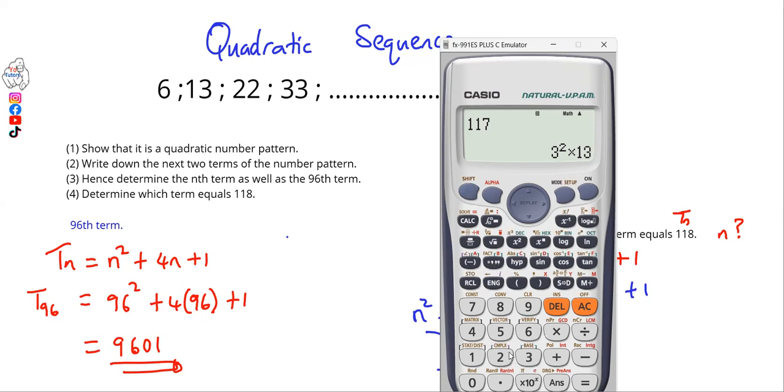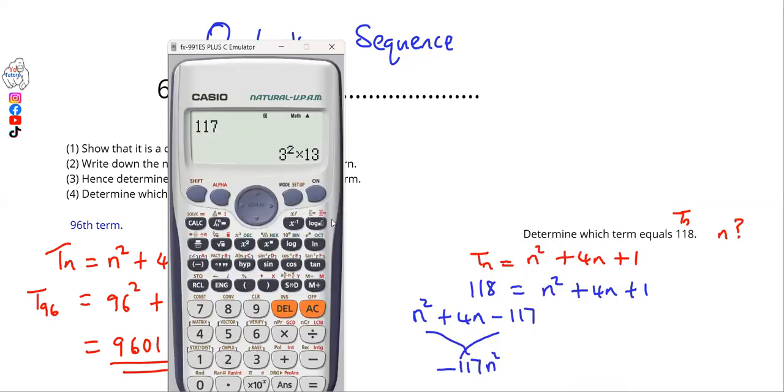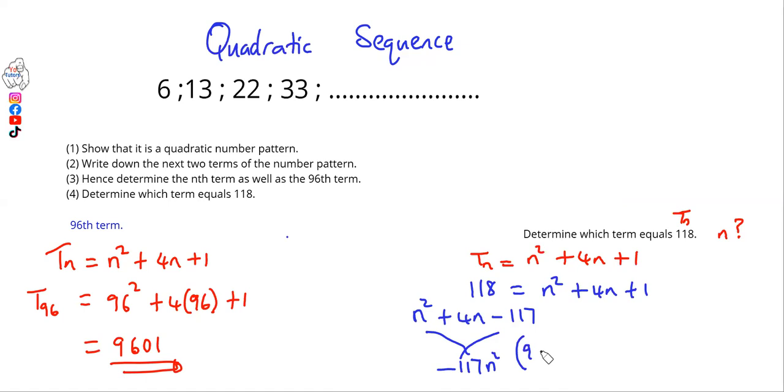We have 3 squared times 13. In this case, 3 squared is 9. So it's actually 9 times 13 that gives us 117. So the factors here are 9n and 13n.